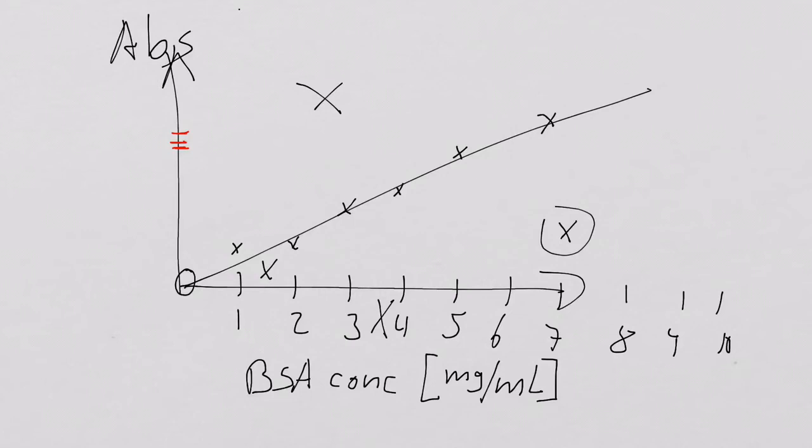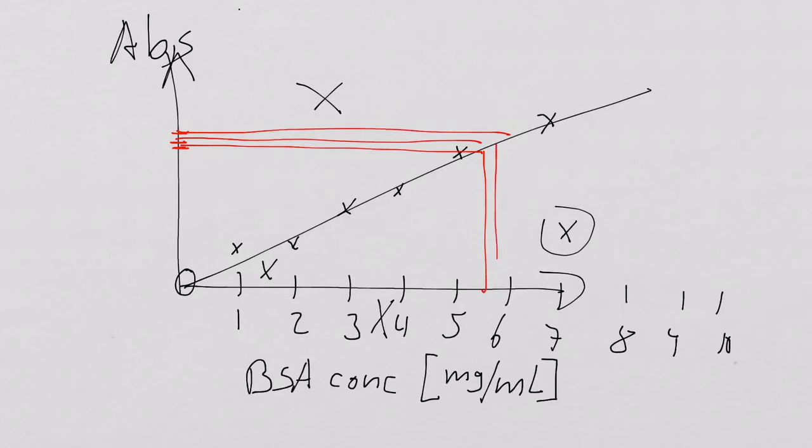And for all 3 readings, what you can do from the standard curve, you just simply try to figure out what is the corresponding concentration. So something like that. Yeah?